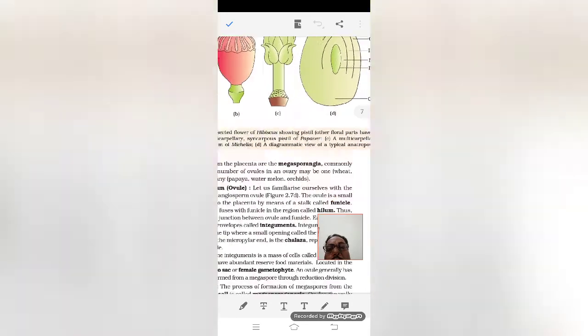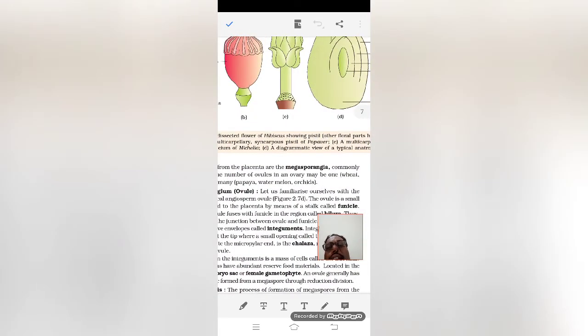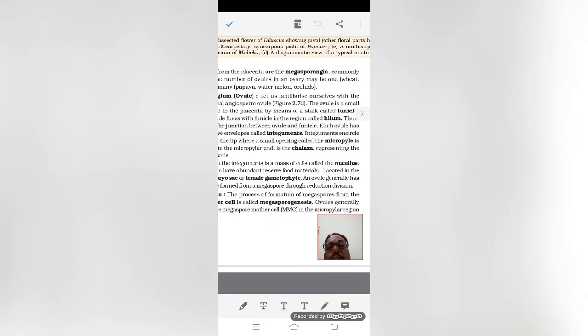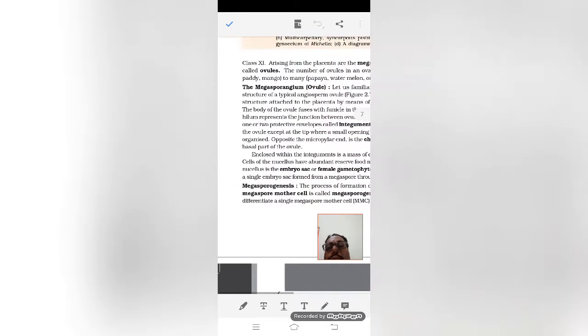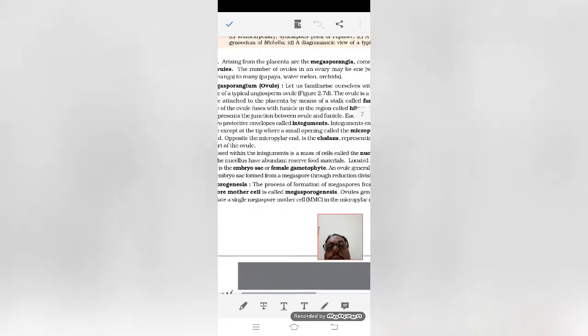We are going to discuss it, and the next thing we are going to discuss is this ovule, which is otherwise also known as megasporangium, and from inside this megasporangium one cell will act as the megaspore mother cell, and this megaspore mother cell will undergo meiotic division, and it will form this female gametophyte.